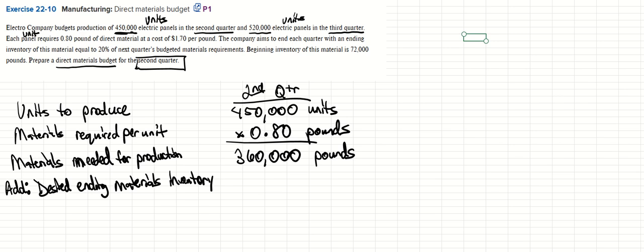So in order to add in the desired ending materials inventory, we're going to take 520,000. That's going to be our units. And this is coming from the third quarter, because it tells us that the company aims to end each quarter with an ending inventory of this material equal to 20% of next quarter's budgeted materials requirements.